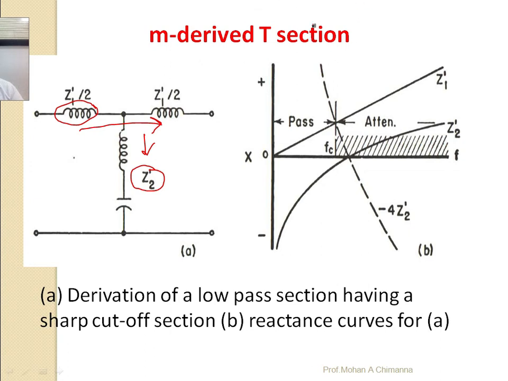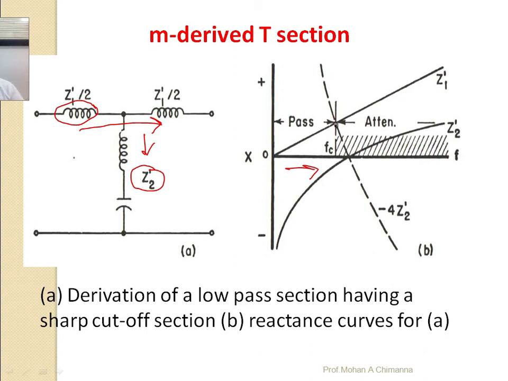Here is the low pass filter, and in the case of the low pass filter, attenuation should happen after the cutoff frequency. Once the frequency goes on increasing from 0 to fc, the current flowing through the inductor also goes on increasing, because for an inductor the voltage is L di by dt.